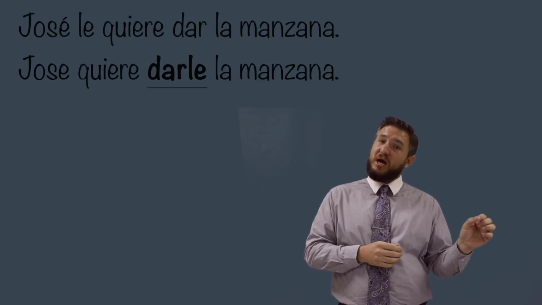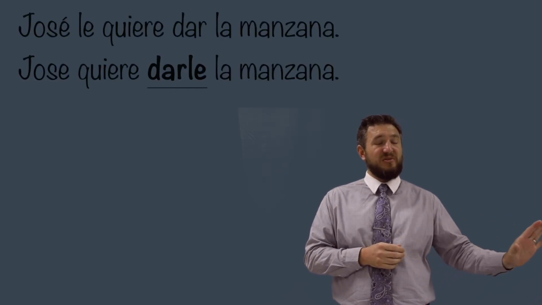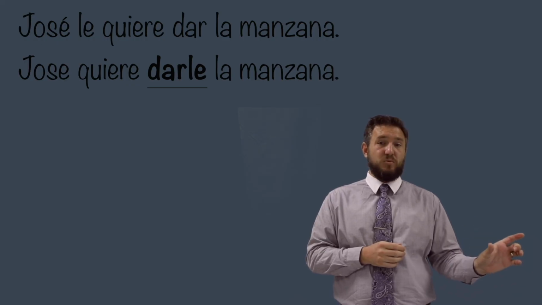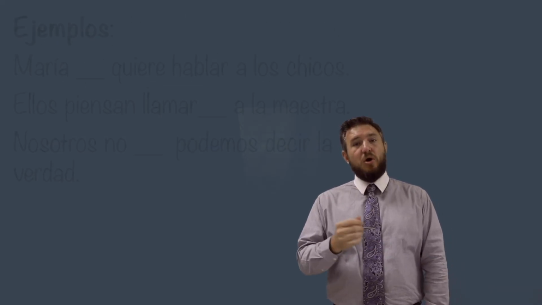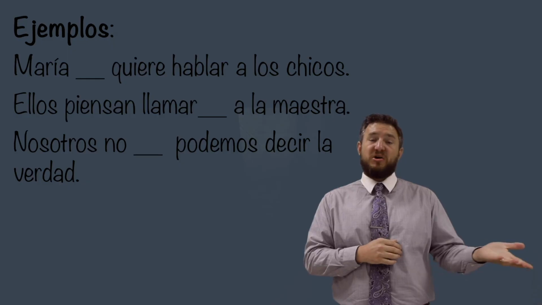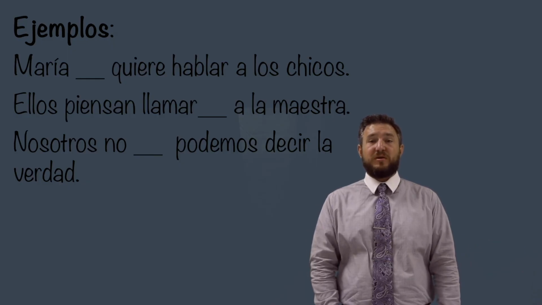Notice here that if we put it at the end, it just becomes part of the word dar. It's not separate. Darle, one word. Here are a few more examples. Pause the video if you need to for a second and take a look at them.